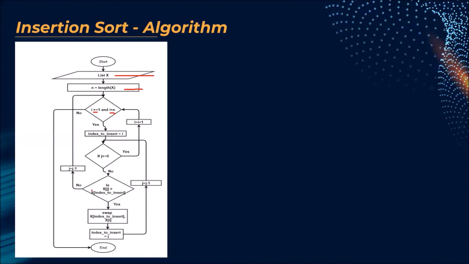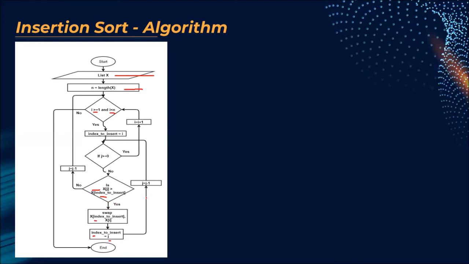And here we see if x of j, that is the element of the sorted part which is currently being compared, is greater than the one which we have taken out from the unsorted part. If it is greater, then that means the element we have taken out from the unsorted part needs to be inserted before this particular element of the sorted part, and hence a swap happens, and we set the index position wherein the element needs to be inserted equal to j, and then we decrement the counter, j equals j minus 1.